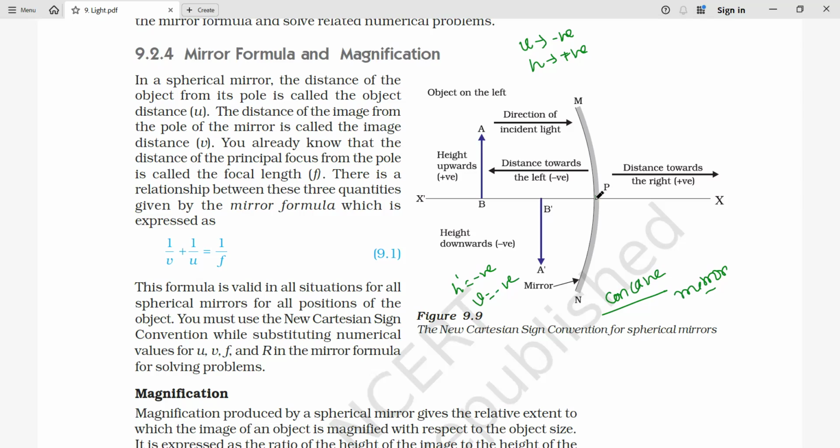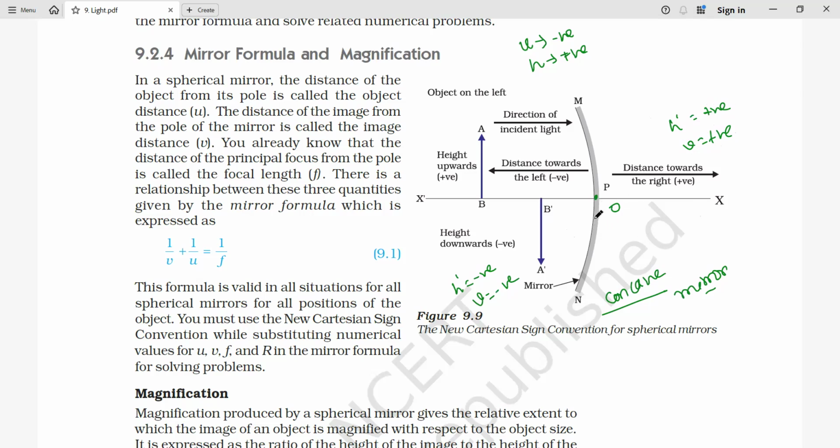This pole is taken as the origin. On the right side, when a virtual image forms, h dash is positive and v is also positive.